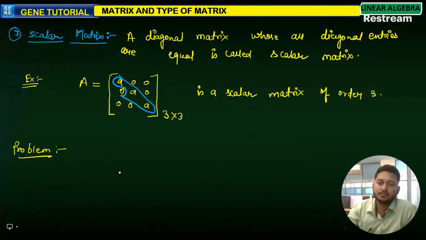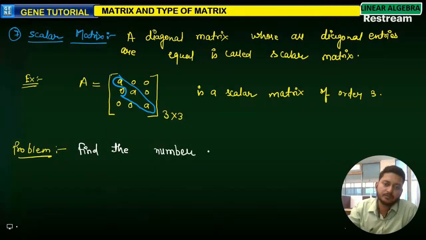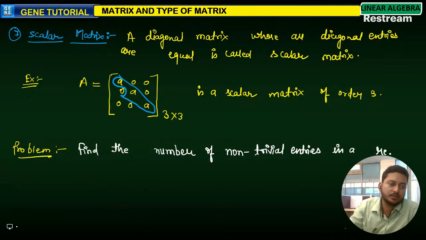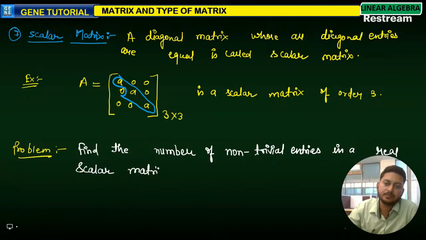So now the problem is: find the number of non-trivial entries in a real scalar matrix of order n.